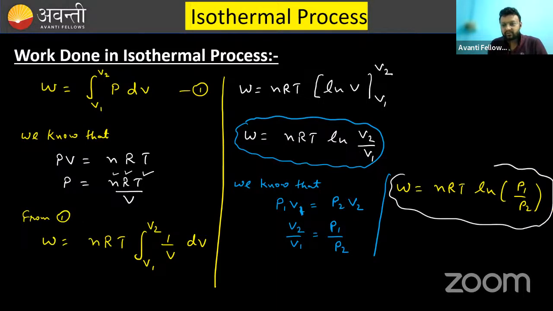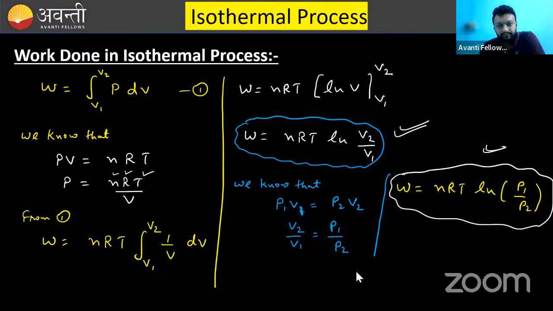This is the simplest form of derivation, and this is the most asked question from these relations. Work done in an isothermal process is the most widely asked question in any exam, like JEE, NEET, everywhere. They ask questions from the isothermal process, that's for sure. And you need to use these formulas for sure.